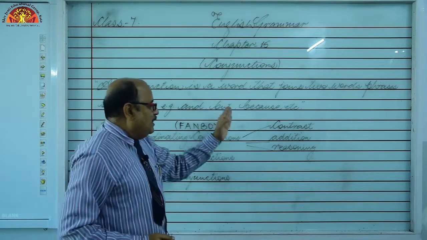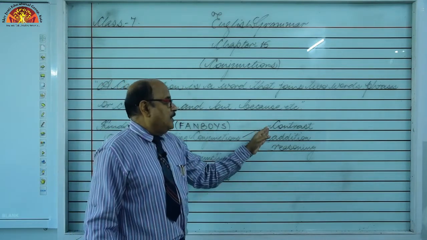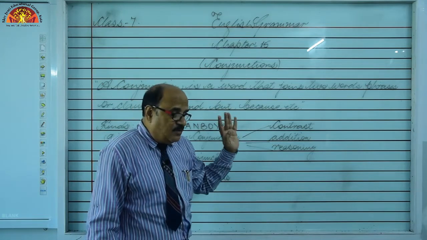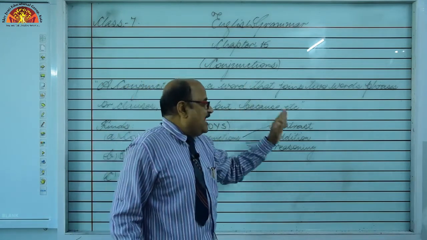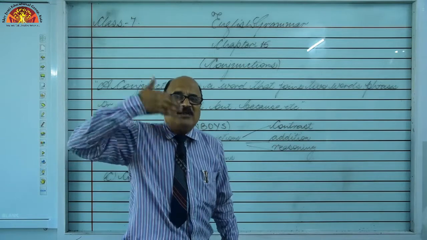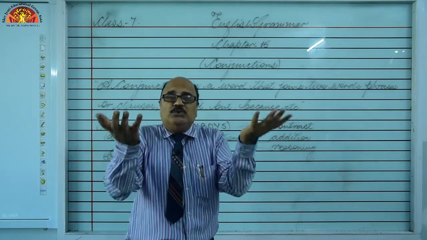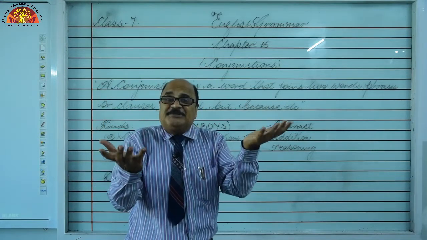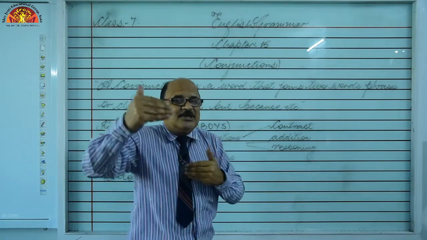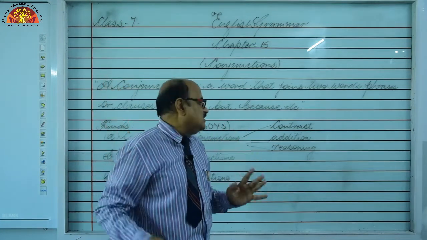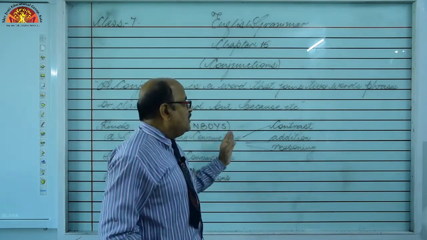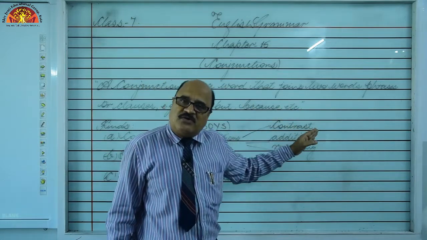So, let us have a look at them in contrast. Whenever these conjunctions express the meaning in contrast, means two sentences or two phrases are opposite to each other, right, in contrast. So, that is known as coordinating conjunctions in contrast.